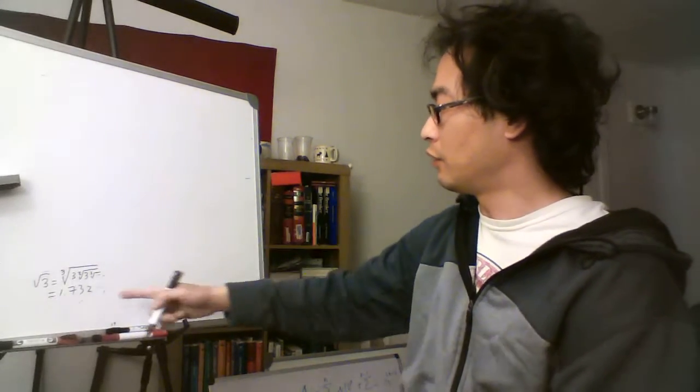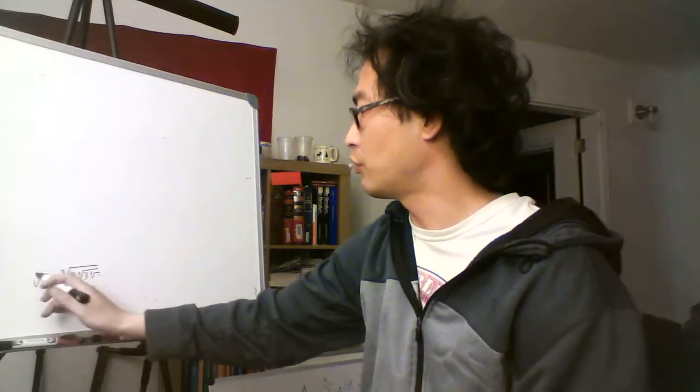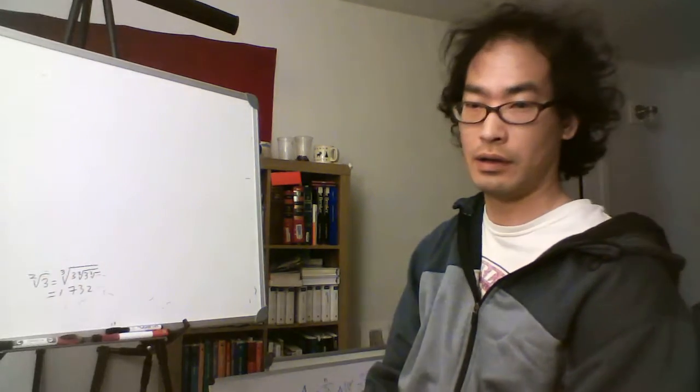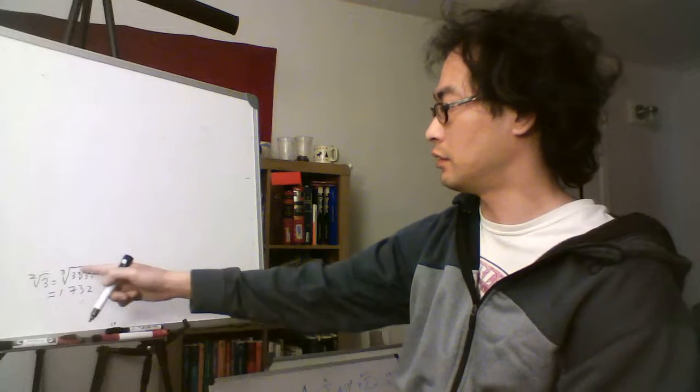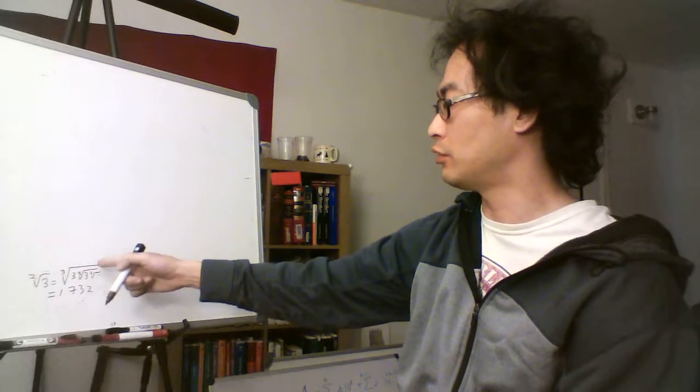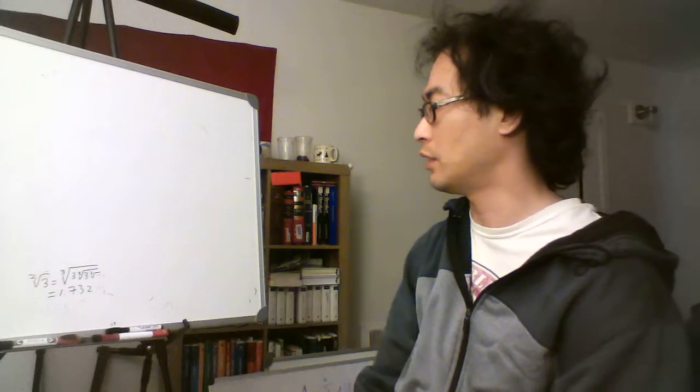So we have this, right? Square root of 3 is cubic root of 3 times cubic root of 3 times cubic root of 3, and so on.